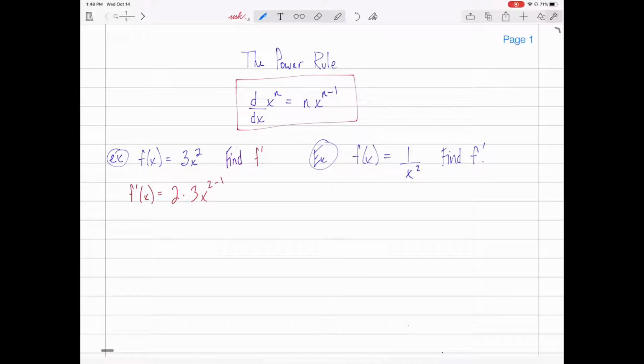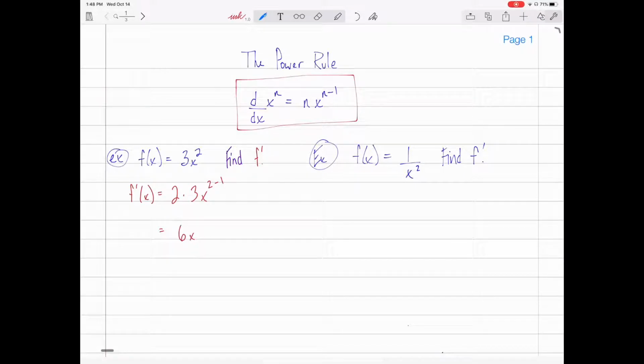So my n in this case is whatever is in the power. So this is a 2. And then we just simplify. So this is 6x. Okay, so unless you can just burn through that limit definition of the derivative, you can see that this is super simple. It's a one-step problem.